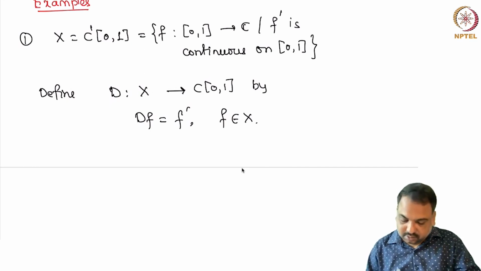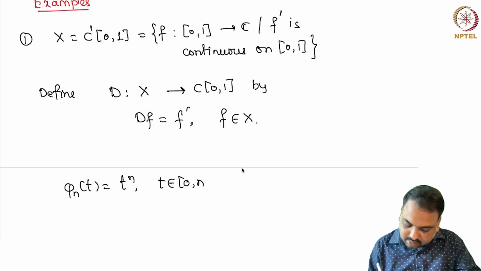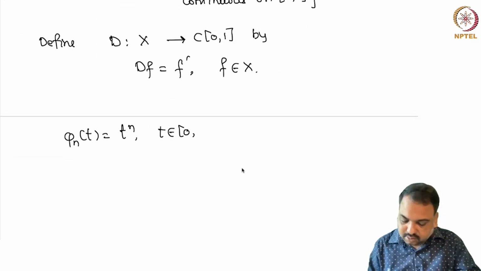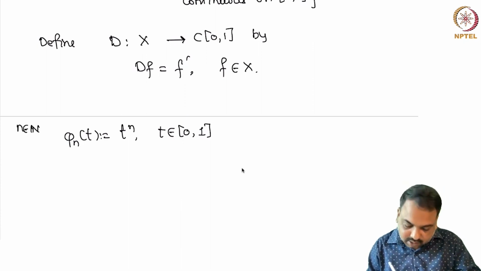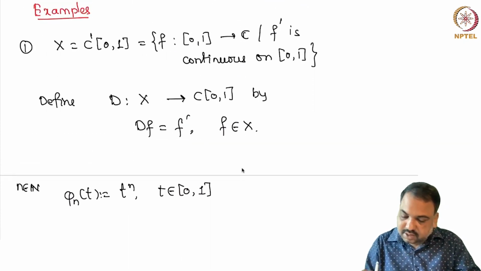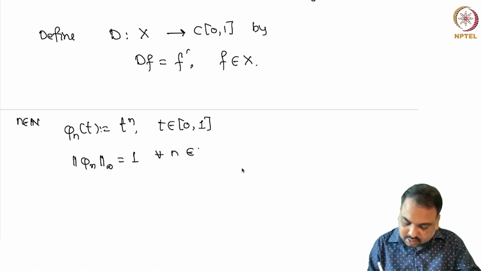Okay, so we can check that. Let us take phi_n of t as t to the power n, where n is a natural number. We can easily show that here we always take the sup norm. So the norm of phi_n is 1 for all n.